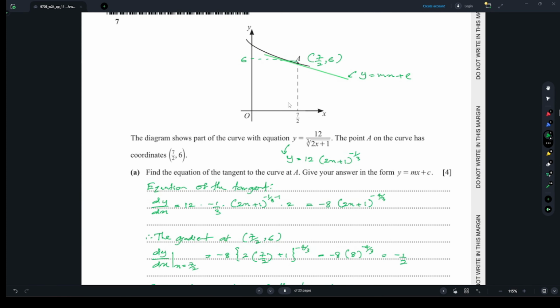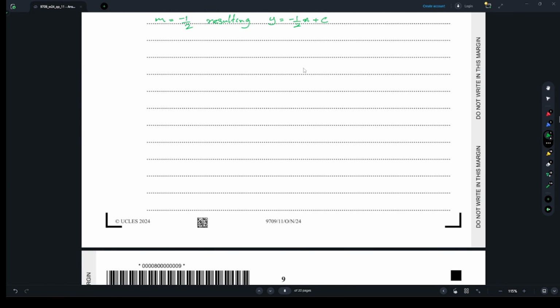It's easy because this tangent line, again, is passing through point A. So we can write, since this tangent line is passing through the point 7 over 2, 6, you can substitute that one.